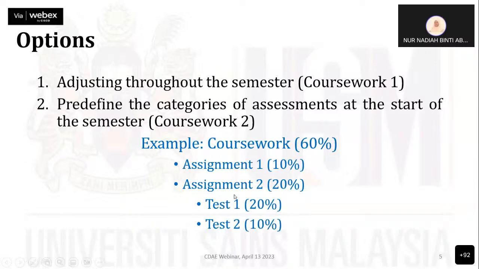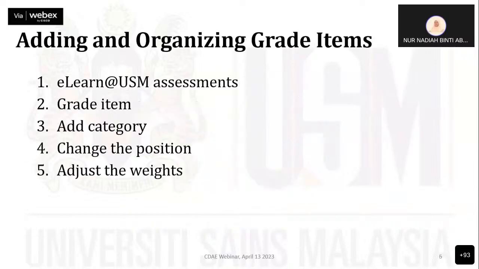You can also add, because here we have 2 categories, right? Assignments and tests. And after this, you can increase the complexity also if you have quiz and if you have the presentation and anything. Okay, so this is what we're going to do. So let's cover this part first. How do we add and organize the assessments?